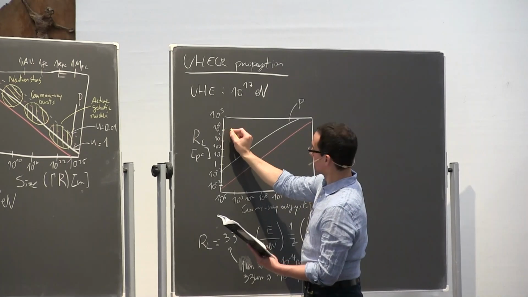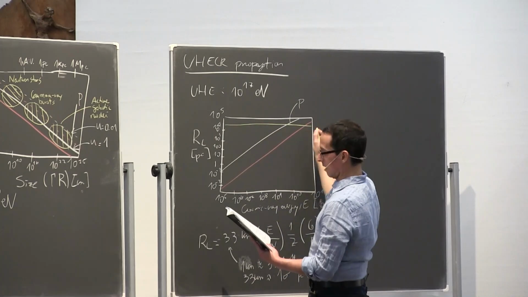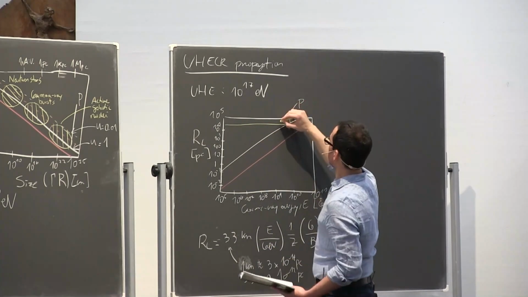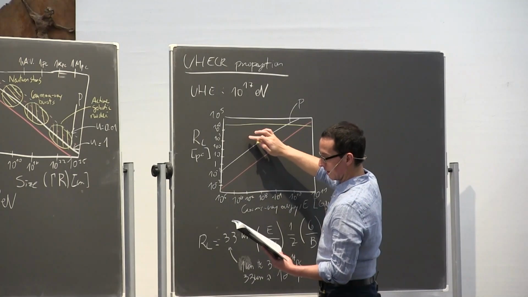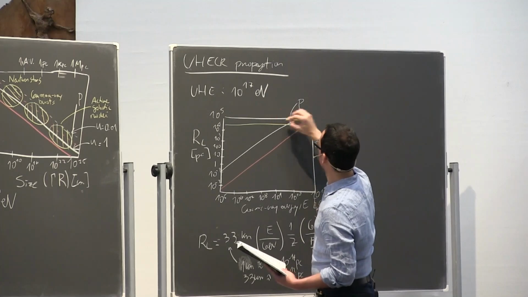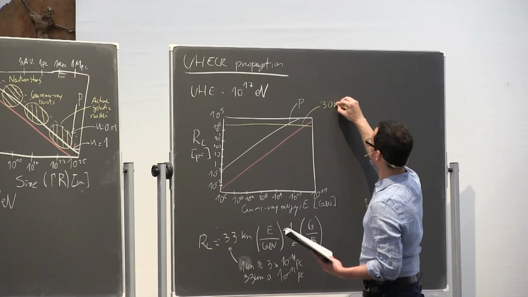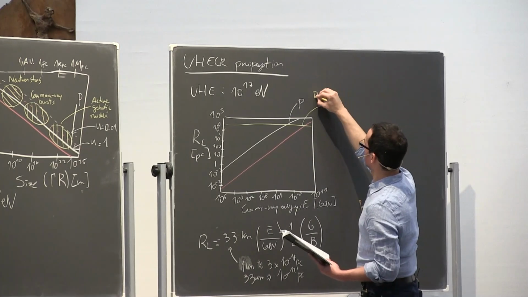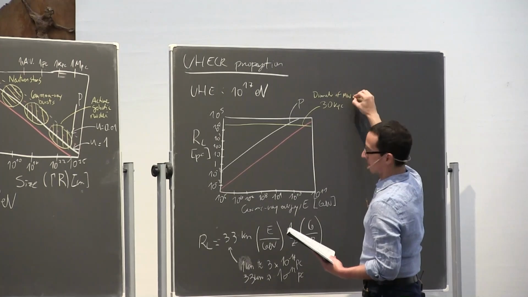Let's see if I can actually draw it properly. There we go. This is more or less the diameter of the Milky Way. So this should be about 30 kiloparsecs.